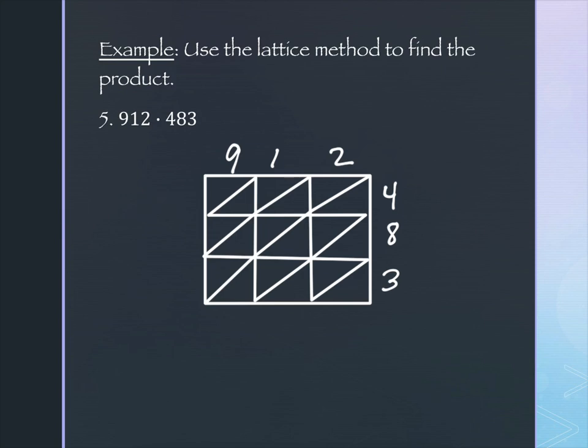One of the reasons that standard multiplication can be really confusing for kids is because you're multiplying and adding in the same process. If I were multiplying 912 times 483 in standard multiplication, I'm doing 3 times 2, and that's 6, and then 3 times 1, and that's 3, and then 3 times 9, and that's 27.